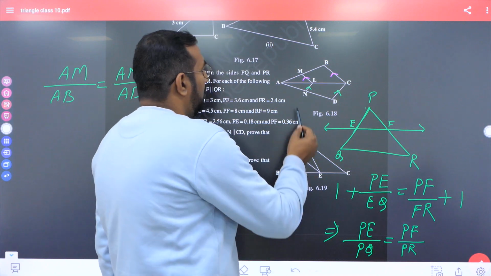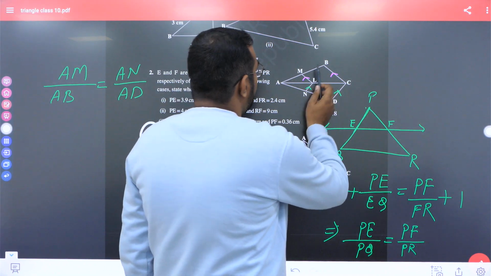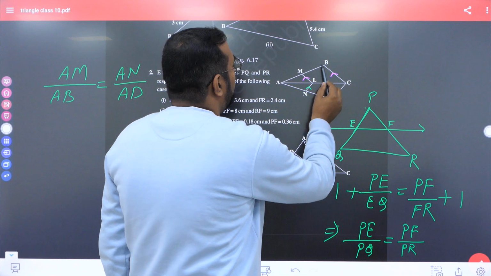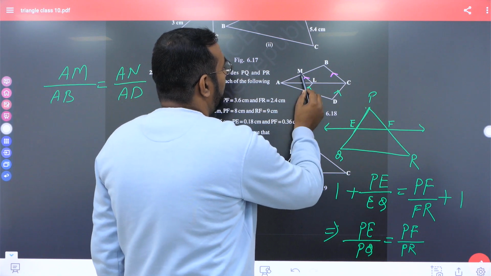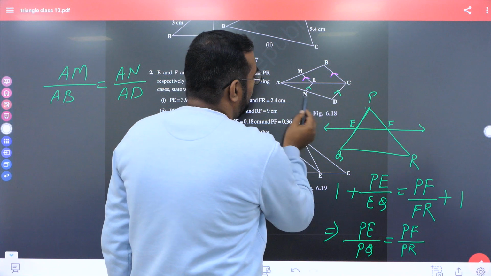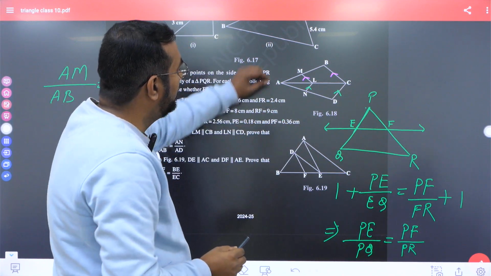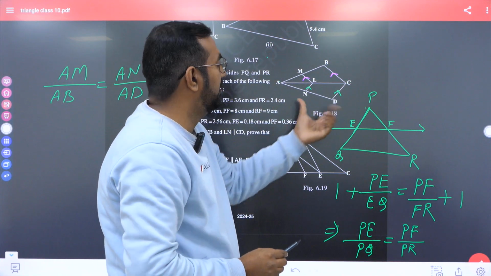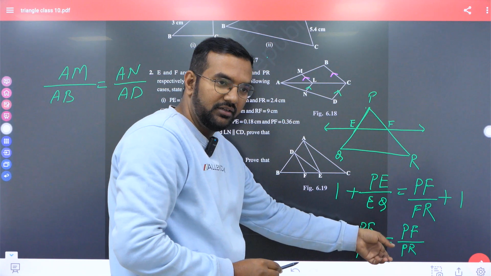Now, if you succeed in proving that AM upon BM is equal to AN upon DN, then you can write that AM upon AB is equal to AN upon AD, like this, right, Aman?